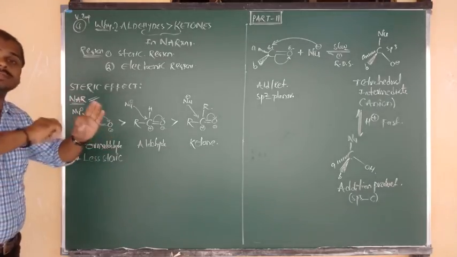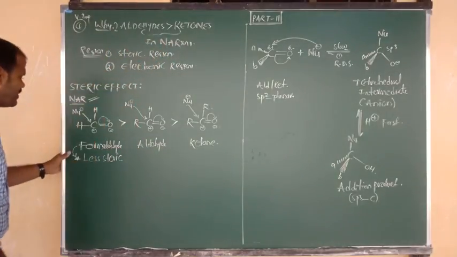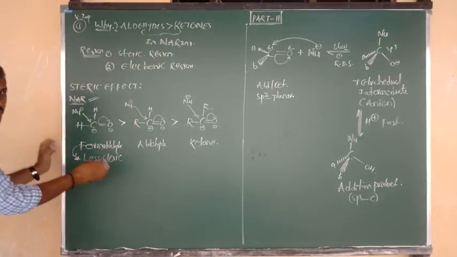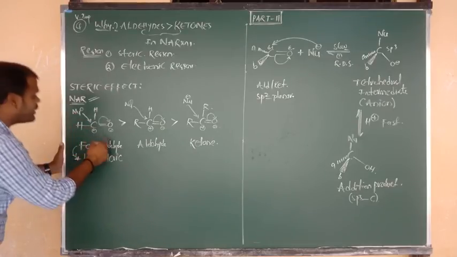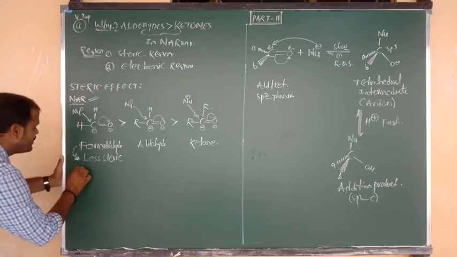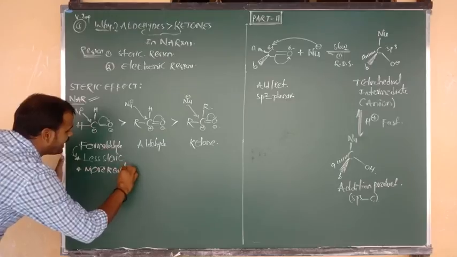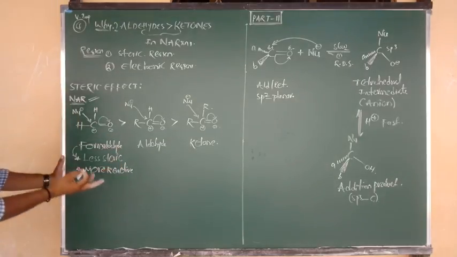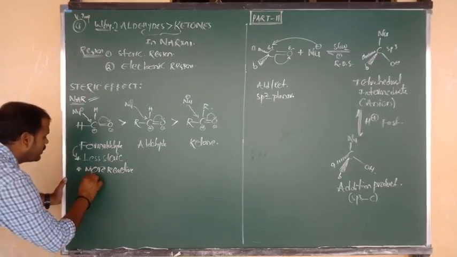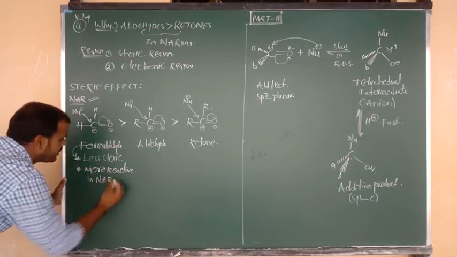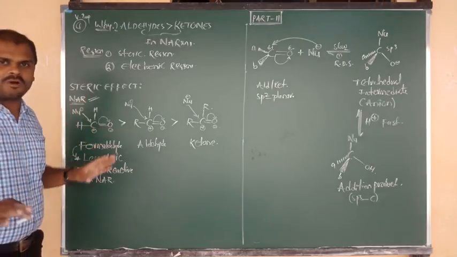Formaldehyde very easily undergoes nucleophilic addition because it is less steric, with no bulky repulsions. The carbonyl carbon has a positive charge, so it is more reactive. Among aldehydes and ketones, aldehydes are more reactive, but formaldehyde is the most reactive because it is a completely steric-free compound.